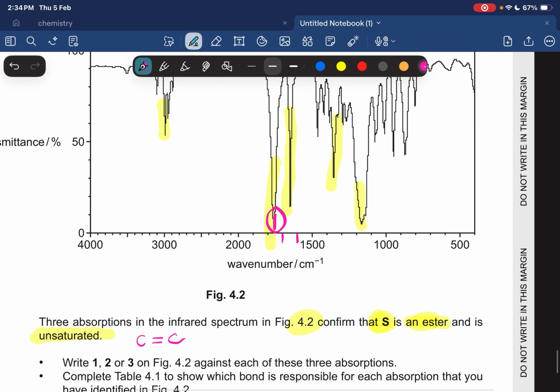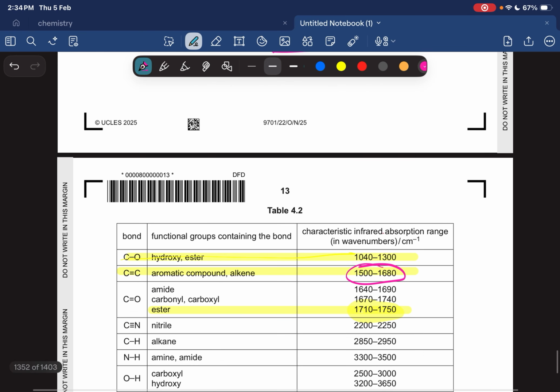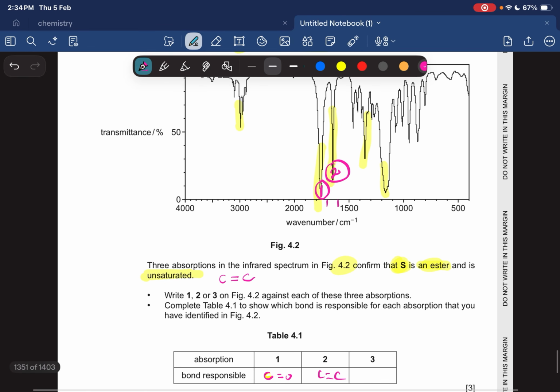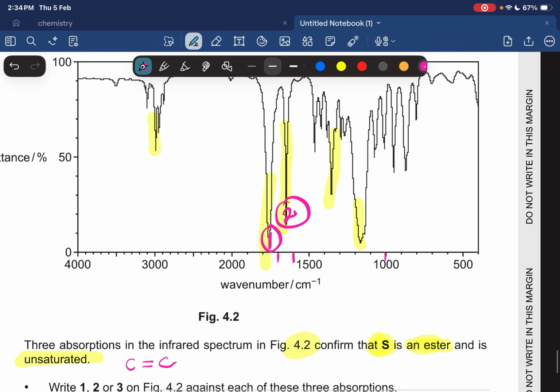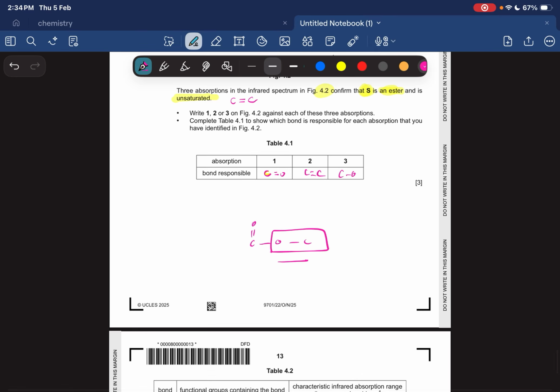Where is 1500? This is going to be 2. And the third thing that I'm looking for is 1040 to 1300, 100, 200, 300, this thing. So this is going to be marked as my third thing, right? I think that's the only thing I have to do.